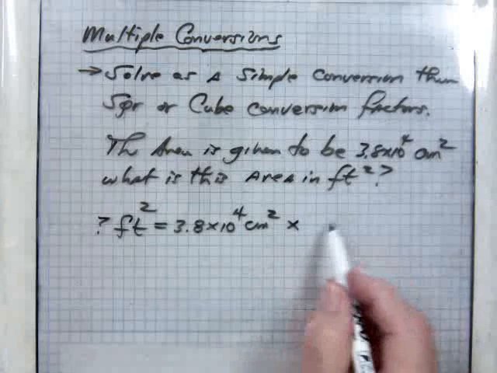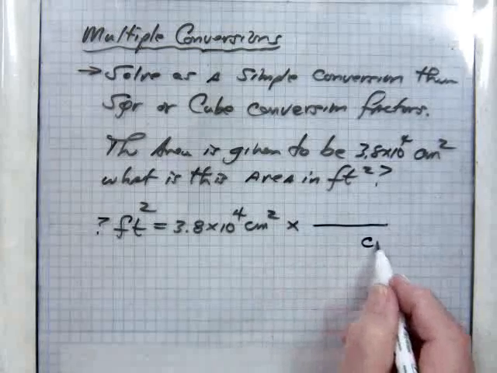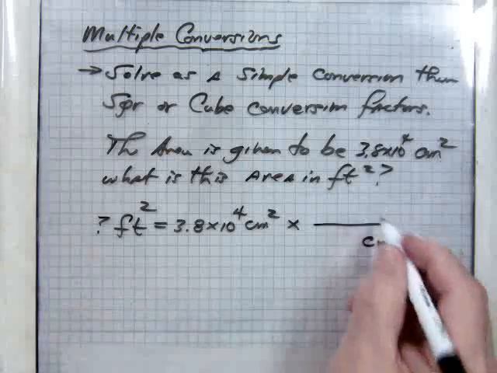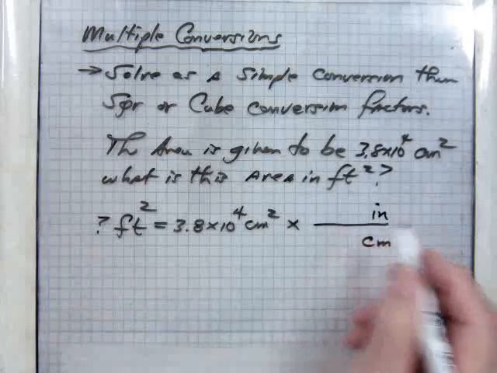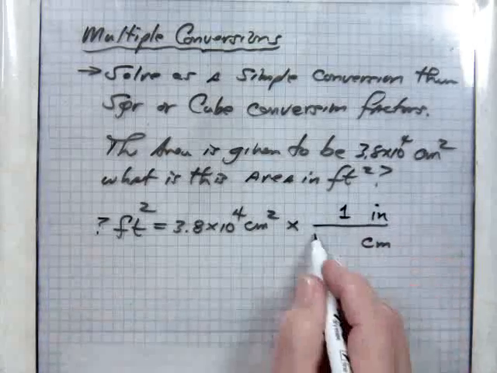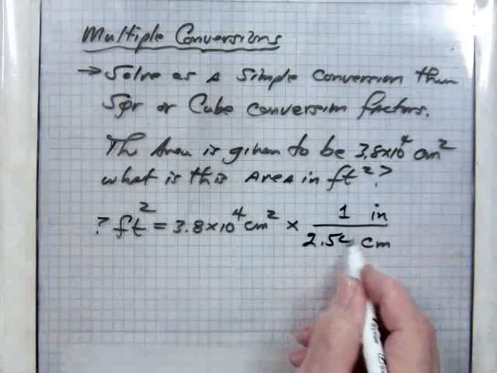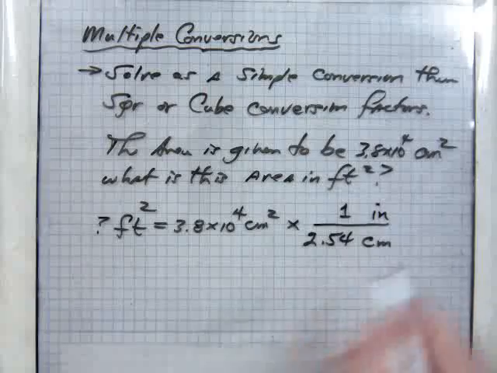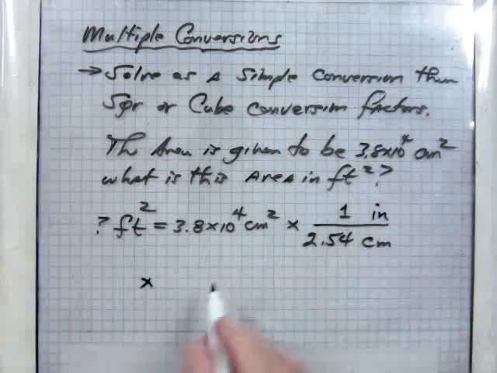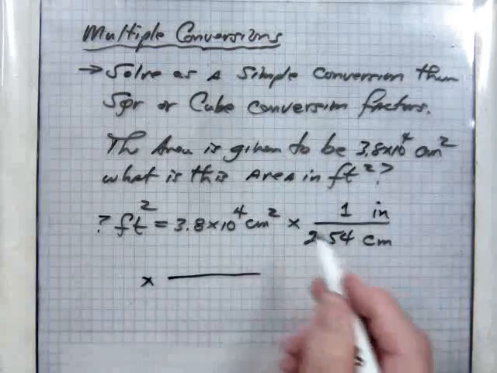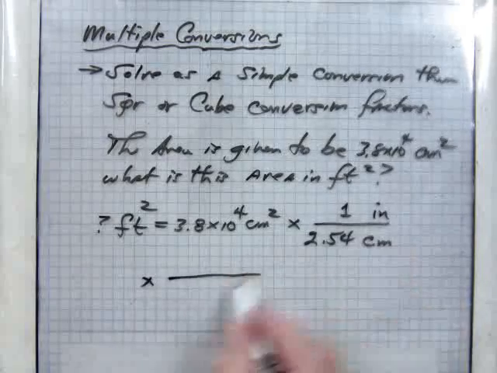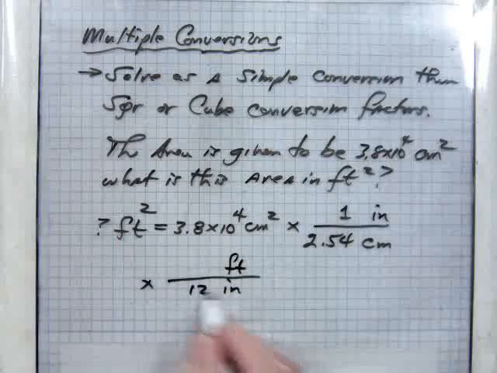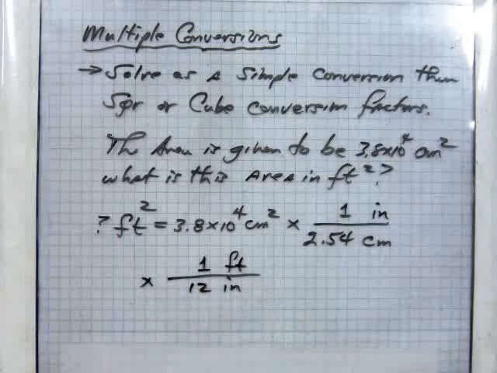And then we apply the simple conversion of centimeters to feet. Okay, so I want to remove centimeters, and I happen to know, you can look on the conversion sheet, the relationship between inches and centimeters is 2.54 centimeters per inch, and, well, I'm running out of room, times, okay, that'll get rid of the centimeters, and then inches goes to feet, and I have 12 inches, of course, in 1 foot.